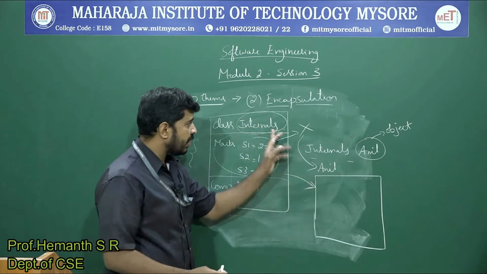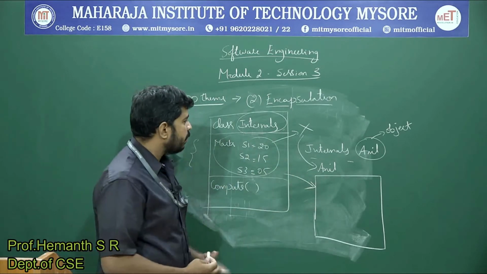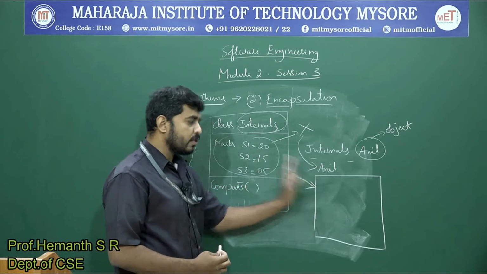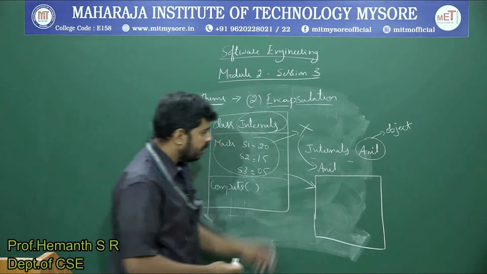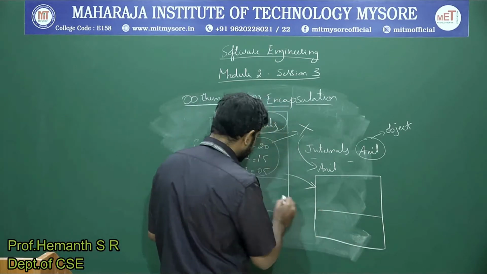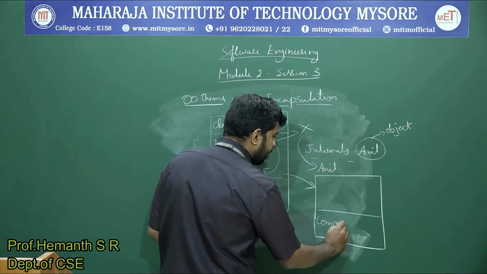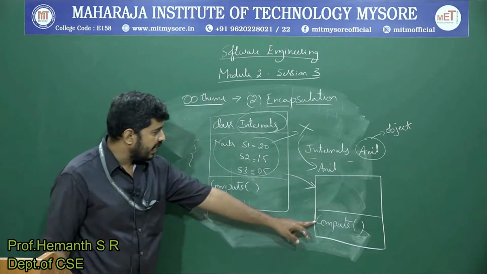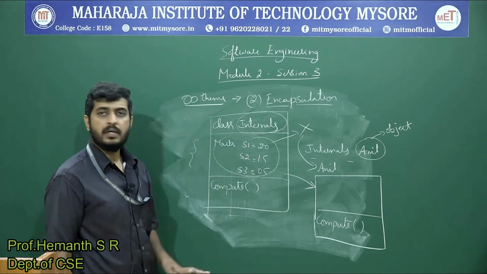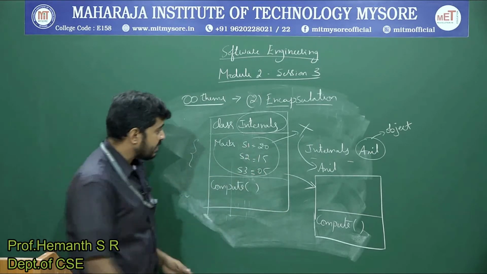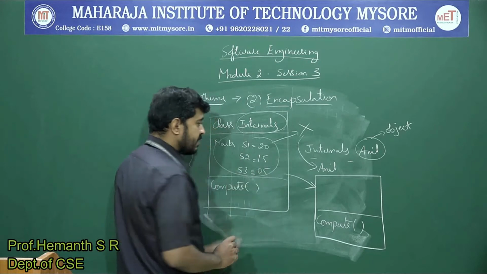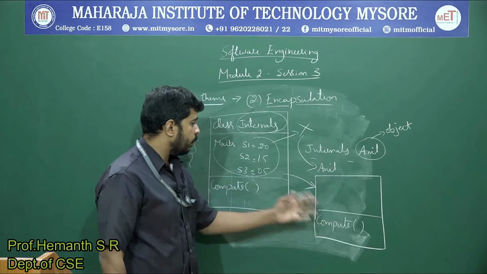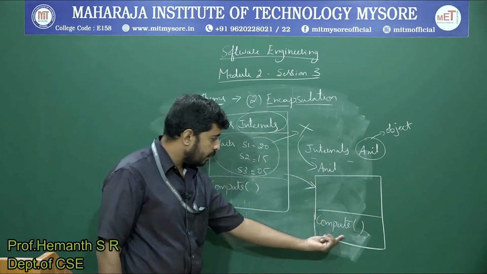An object that is created for a class should not be able to access the data, but still it should be able to process it. For example, the Anil object should be able to use the compute function to compute the average of S1, S2, S3, but without accessing S1, S2, S3 directly.